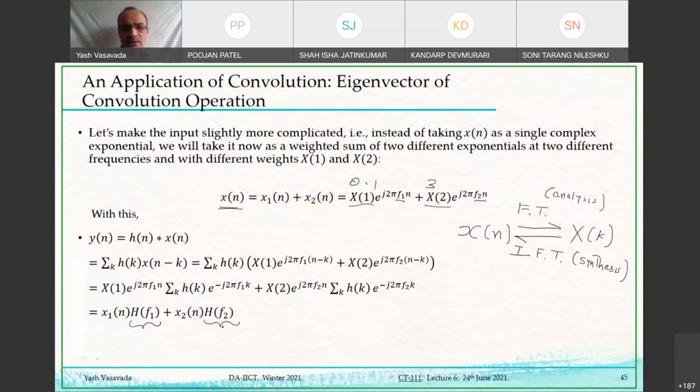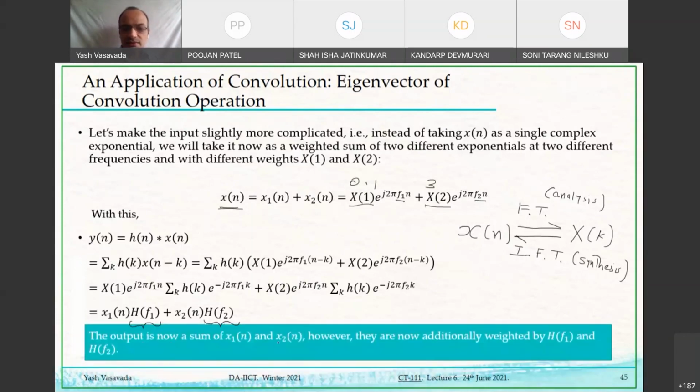whose last line says that this y of n can be written like this, meaning that these original weights x of 1 and x of 2 additionally got multiplied by h of f1 and h of f2, and those h of f1 and h of f2 are nothing but the Fourier transformation of the sequence h of n, because that is what this formula is.